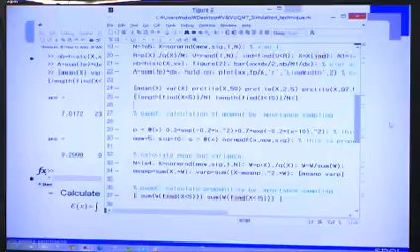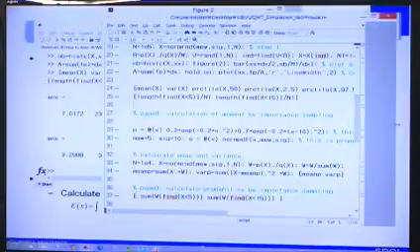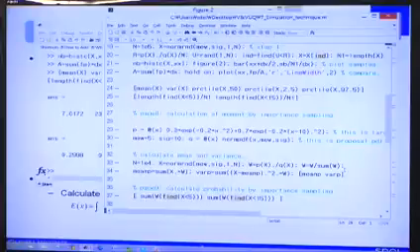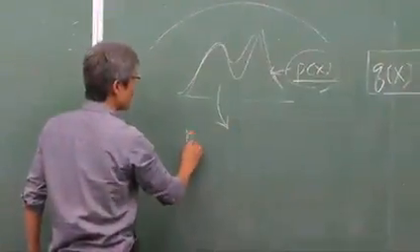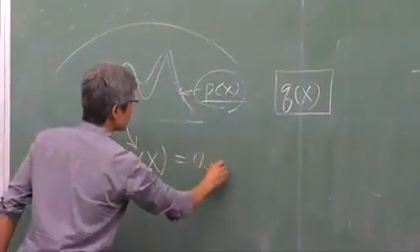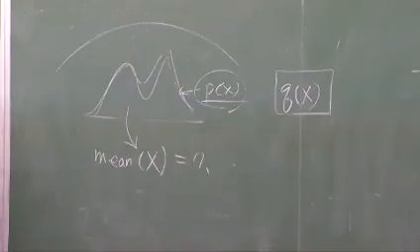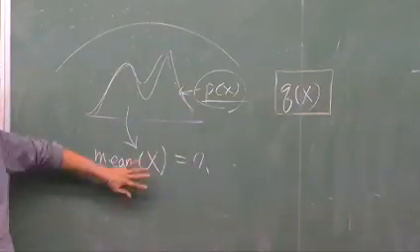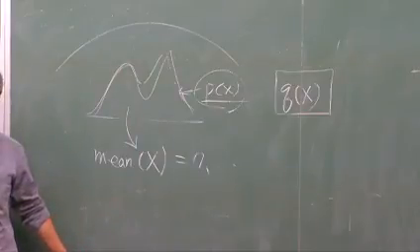If we want to calculate the mean of this distribution, we already calculated it, 7 point something. And I will use the importance sampling method for this, assuming we didn't know before.